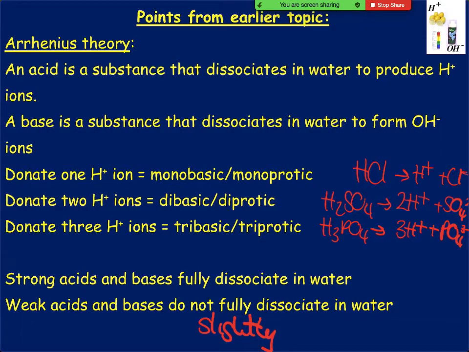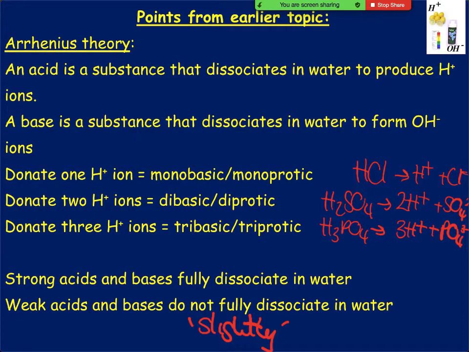So you have a choice of do not fully or slightly dissociate. Arrhenius is not a true representation of acids, because not all acids need to be dissolved in water to show their properties. That's why Bronsted-Lowry's definitions became better.